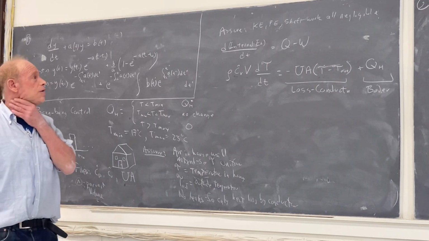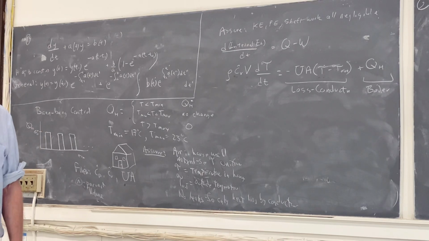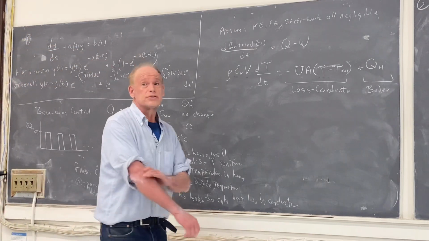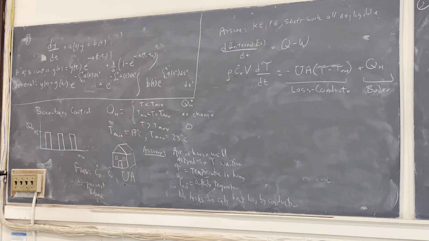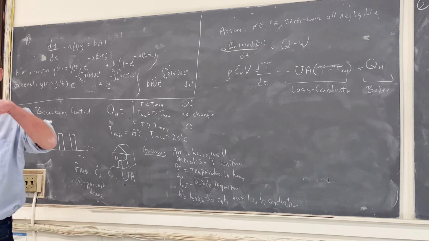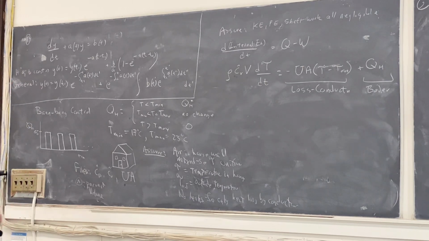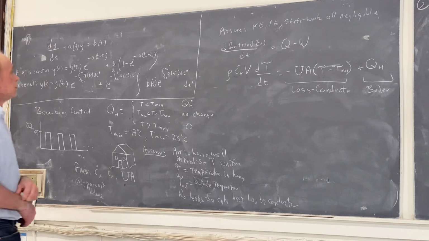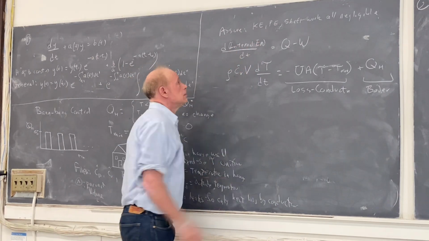So why don't we go through and do the problem? Are there any questions so far? Remember, feel free to ask me questions. If I do something you don't understand, just ask. If you learn the material in class, it makes it a lot easier later. So E, internal energy, that's energy, but it's not enthalpy.